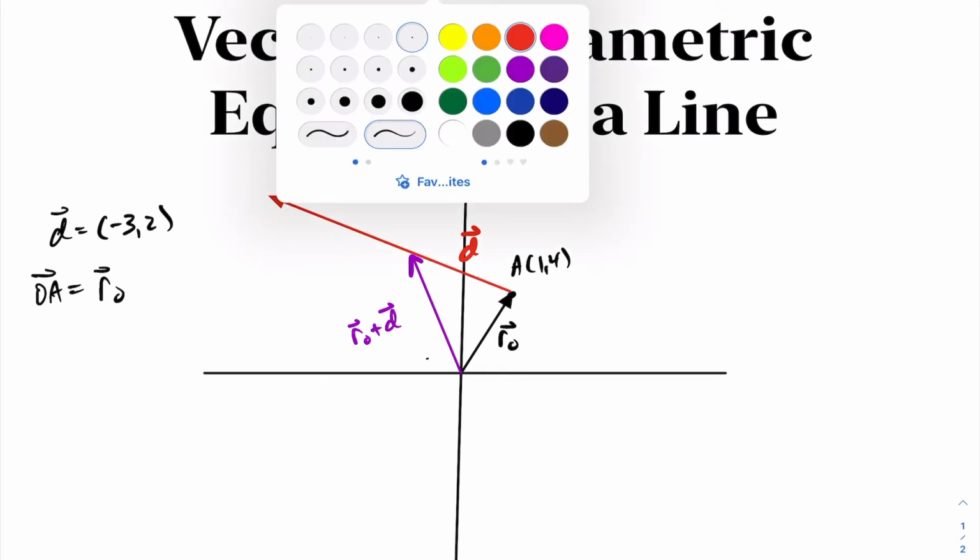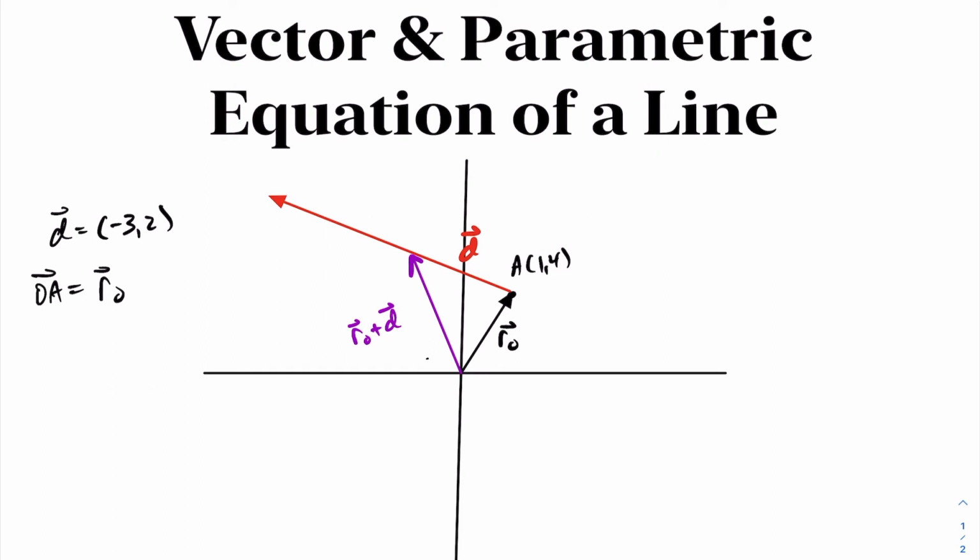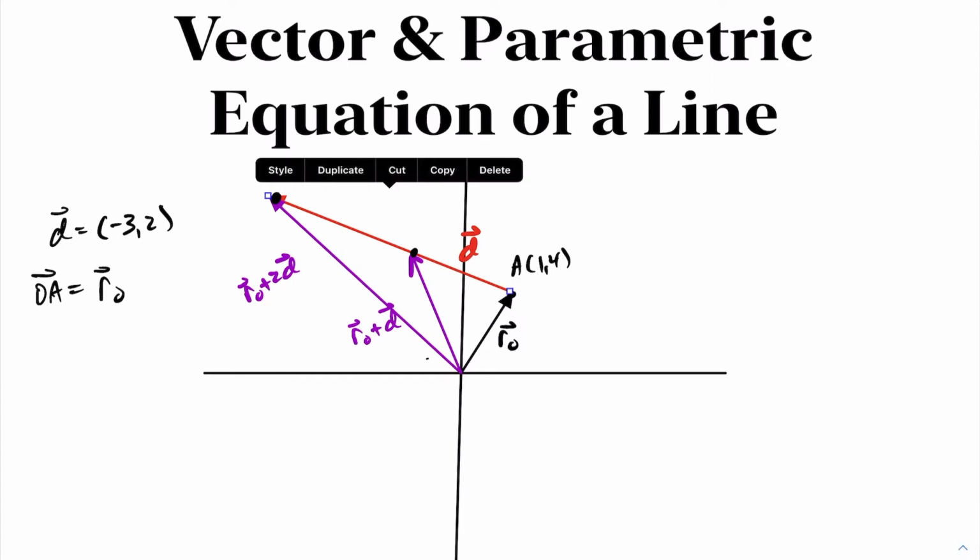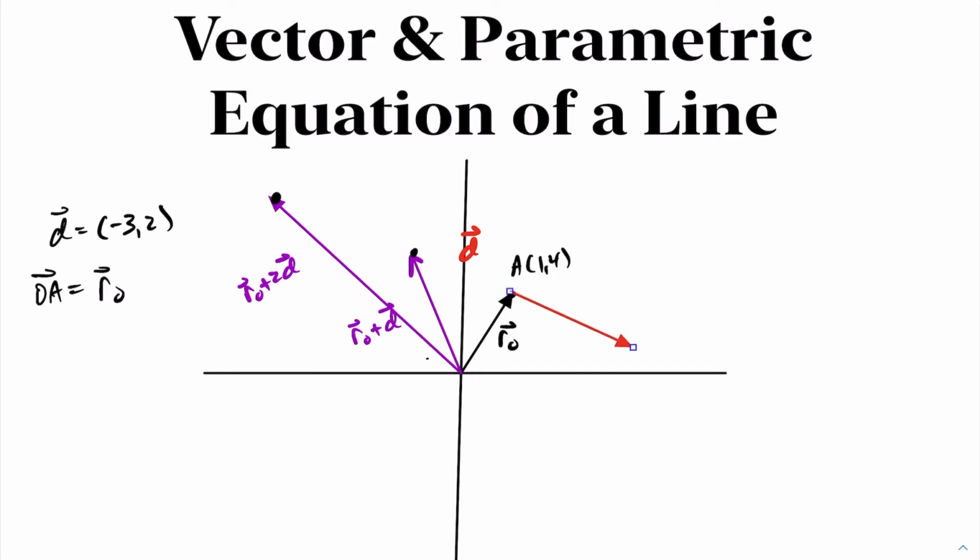If we do that, we now have R0 plus 2D, and the resultant vector would go to here. Likewise, I can add negative D, and now the direction vector is going to go in the opposite direction, and the resultant vector would go to here, and therefore this vector would be R0 minus vector D.